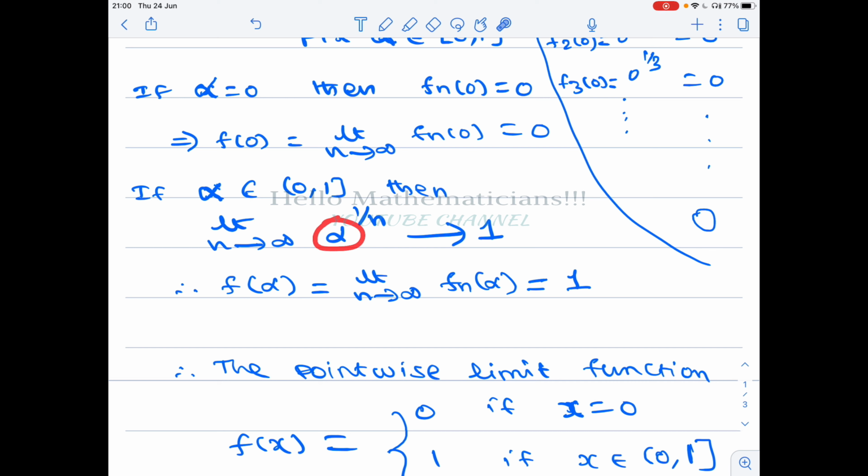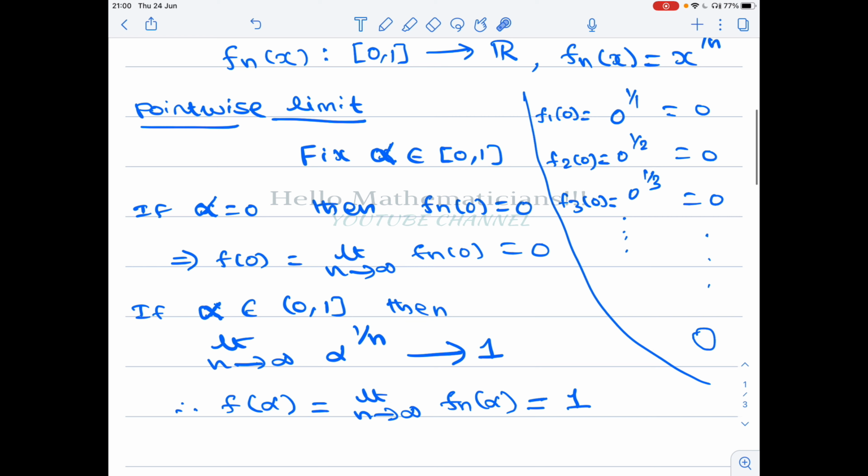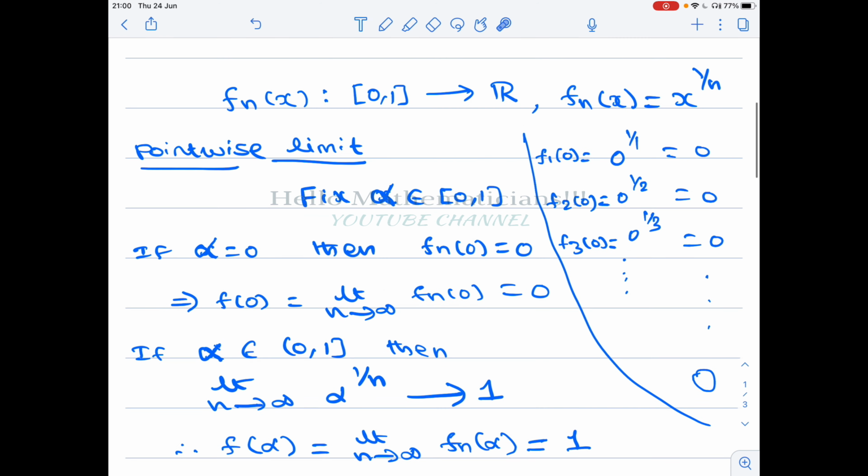So whenever alpha is positive, limit n tends to infinity alpha power 1 by n converges to 1. Therefore, what is f of alpha by definition? In the sequence fn of x, in place of x you substitute alpha, then let n tend to infinity.